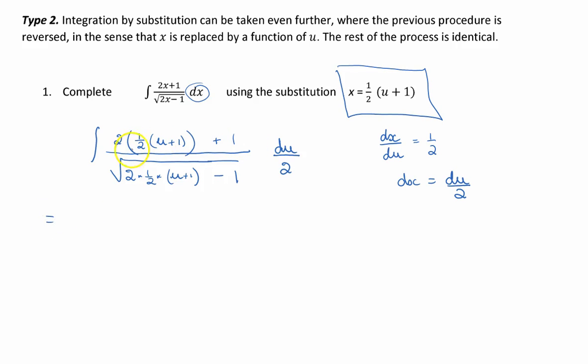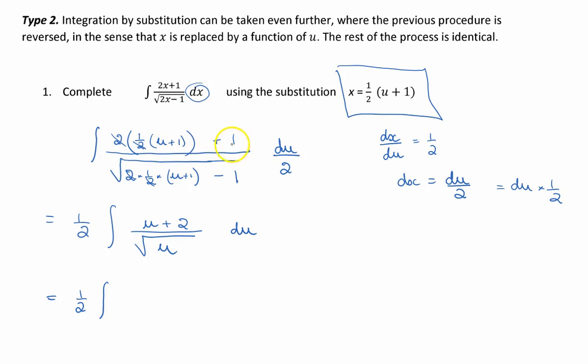Now, this needs a lot of tidying, and I think I'll take that half out. So remember, that is just du times a half, and when we've got a constant, we can take it out the front. So we've got a half times the integral. Tidying this up, you get u plus 1, because the 2 times a half cancels out.